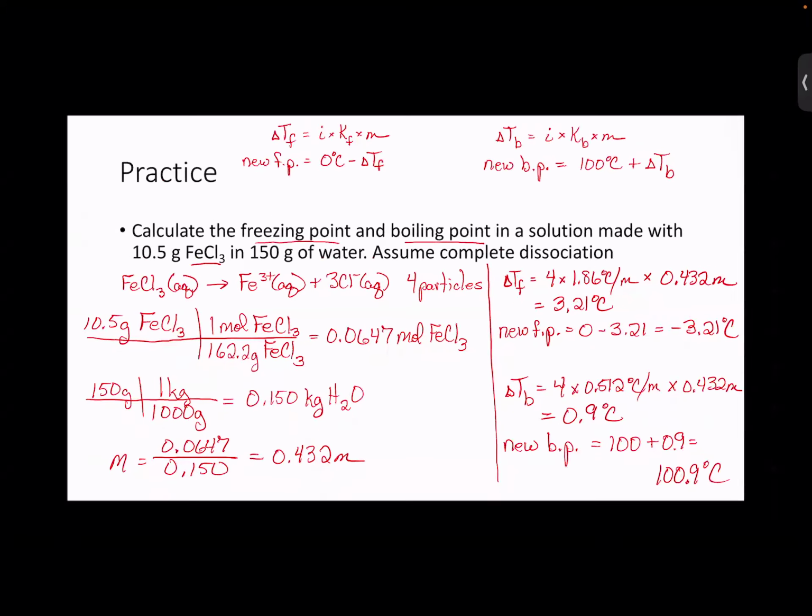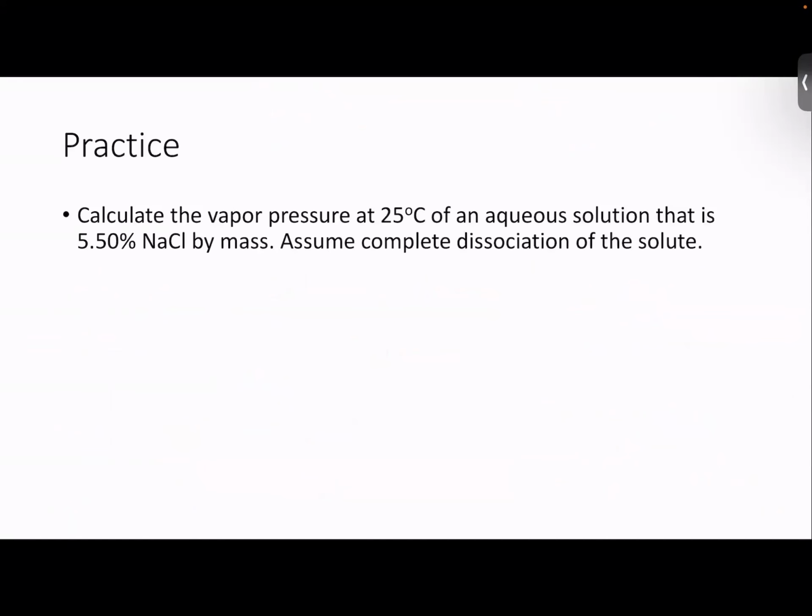Look at this example. Calculate the vapor pressure at 25 degrees Celsius of an aqueous solution that is 5.50% sodium chloride by mass. Assume complete dissociation of the solute.